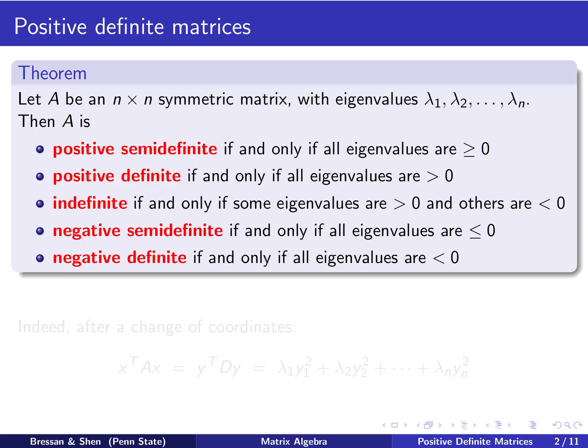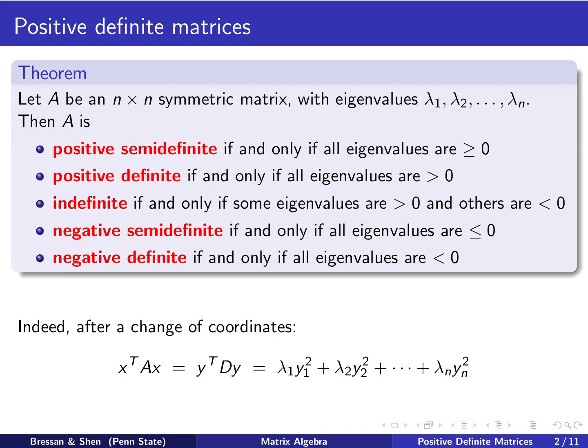Then the matrix A will be positive semi-definite if all the eigenvalues are bigger than or equal to 0, positive definite if they are strictly bigger than 0, indefinite if their signs are mixed, some positive, some negative, negative semi-definite if they are less than or equal to 0, and negative definite if they are strictly less than 0. So we see the connection between the eigenvalues of the matrix and the positive or negative definite property of the same matrix.